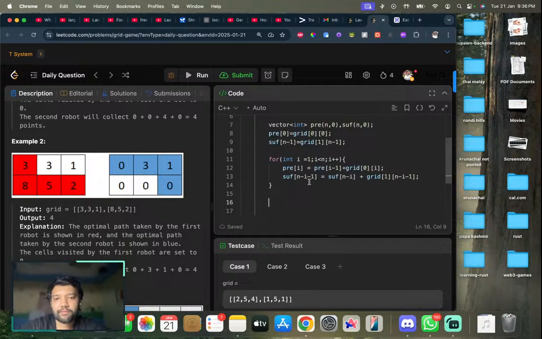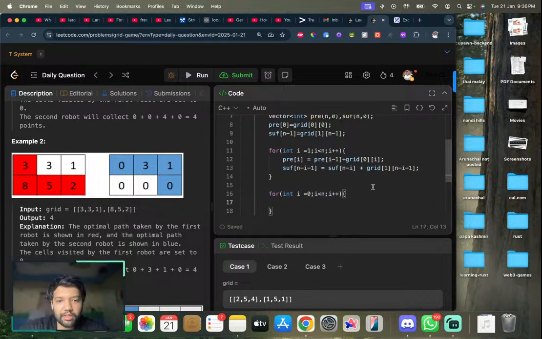So for when i is equal to 0, i smaller than n, i plus plus. Now, int answer is equal to int.